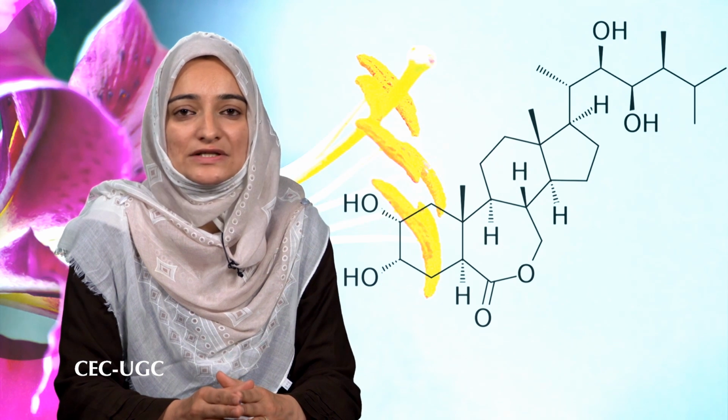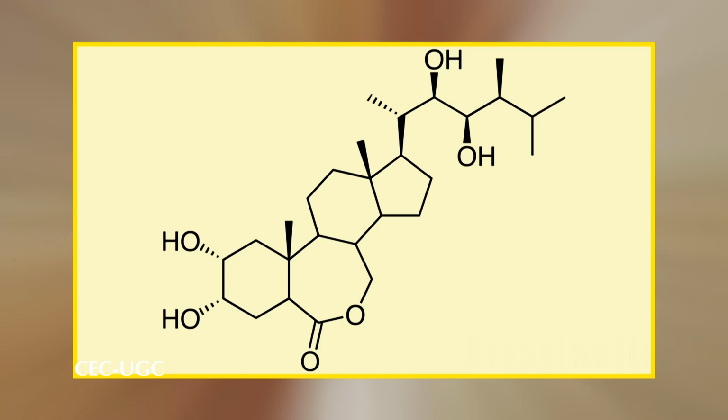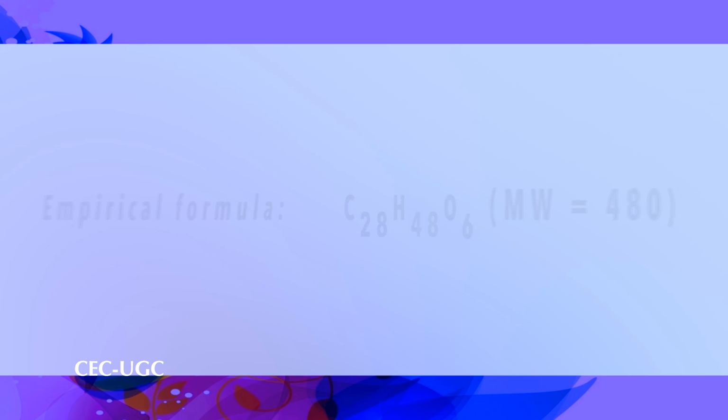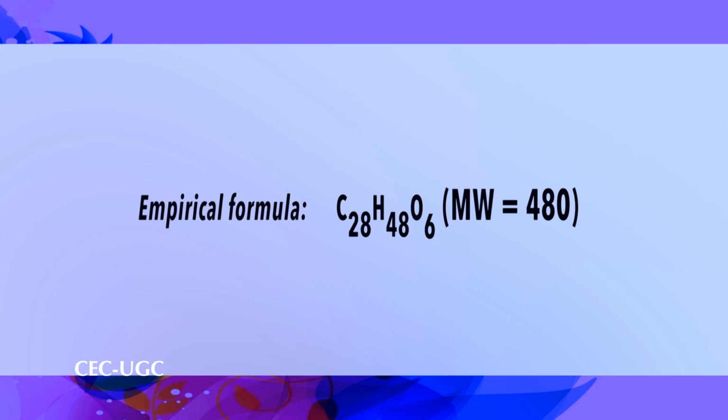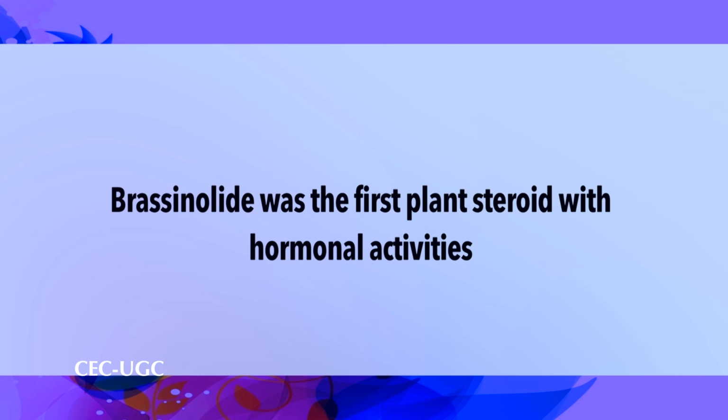In 1979, this biologically active plant growth promoter was named as brassinolide and was found to be a steroidal lactone with an empirical formula of C28H48O6. Brassinolide was the first plant steroid with hormonal activities.